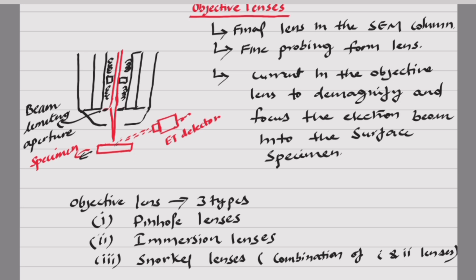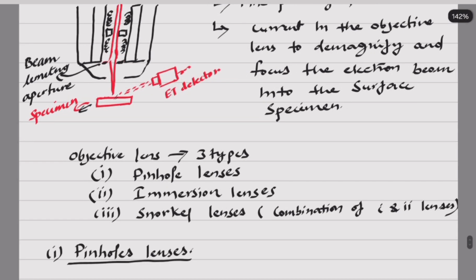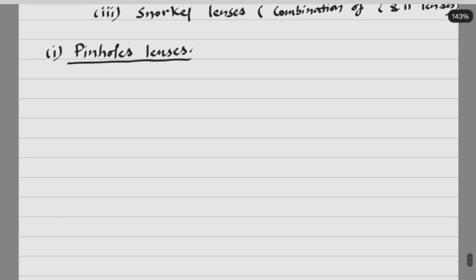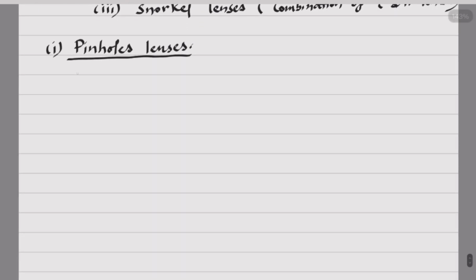Scattered electrons coming from the specimen, for example secondary electrons, are detected using the ET detector.